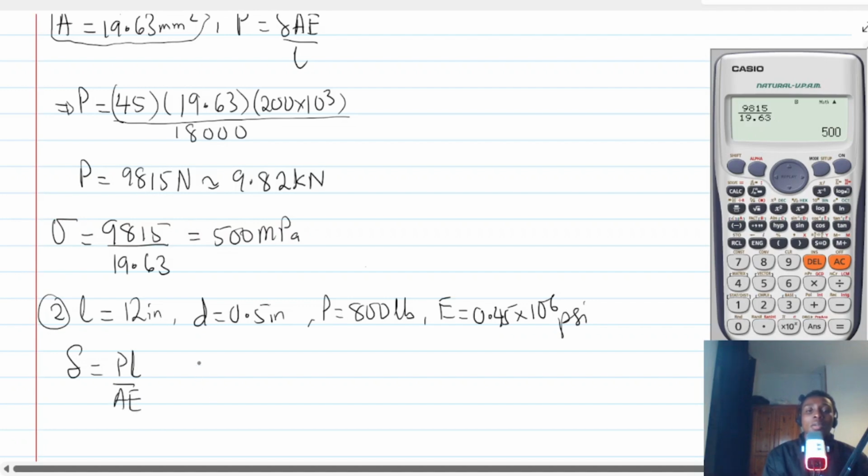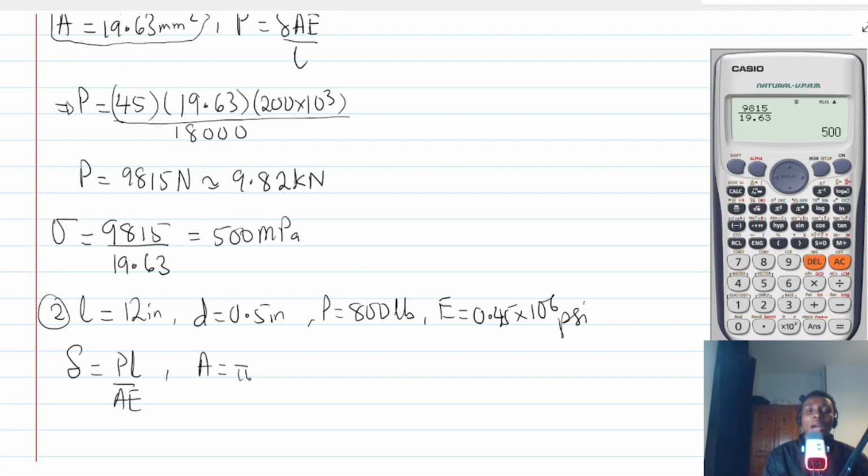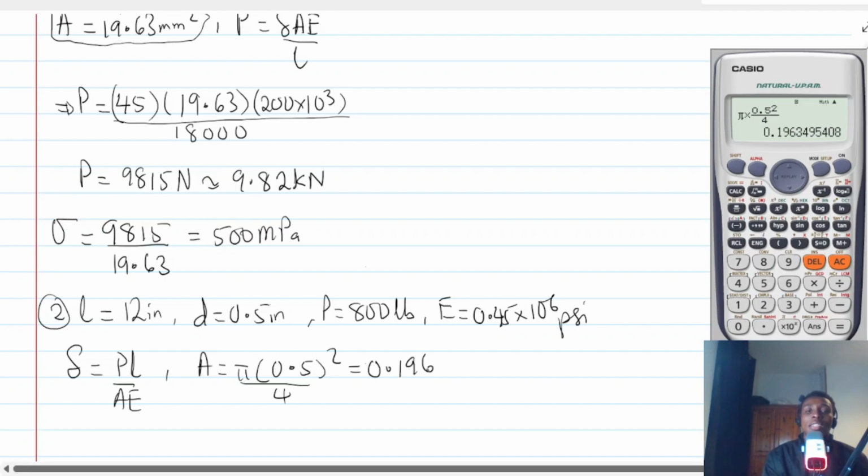So let's calculate the area, which is pi multiplied by d squared over 4, with d equal to 0.5. And what is that? 0.196 square inch.